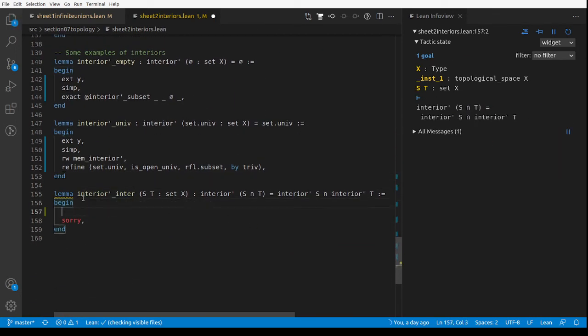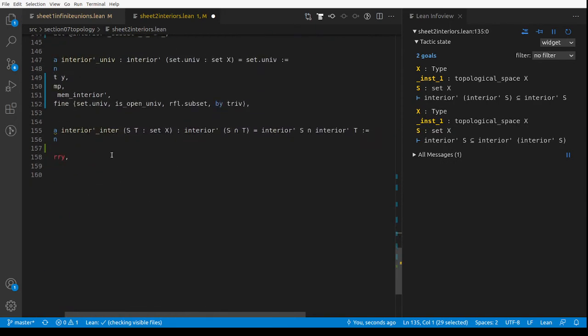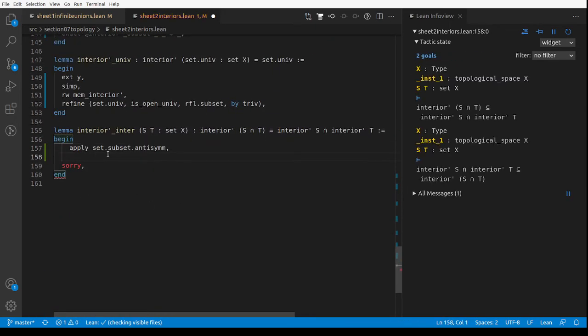And now the interior of the intersection is the intersection of the interiors, and I think again I need to apply that set.subset there. I think this is the way to start. I'll prove the inclusions in both directions.